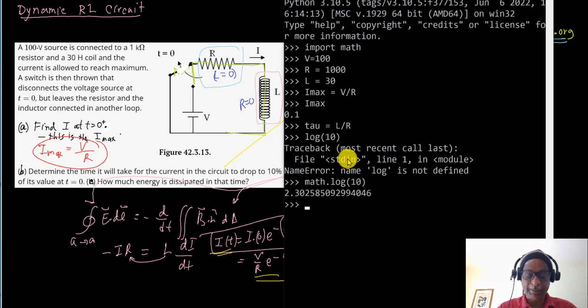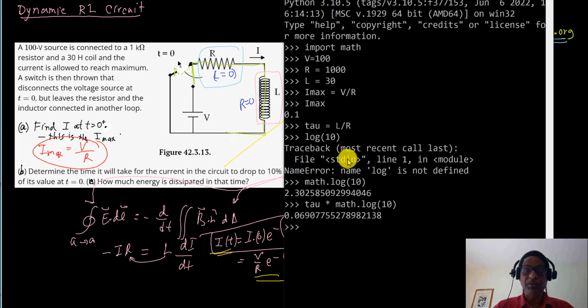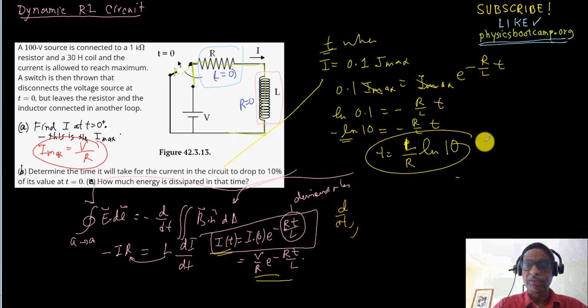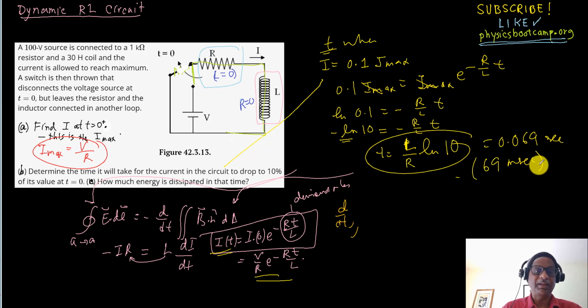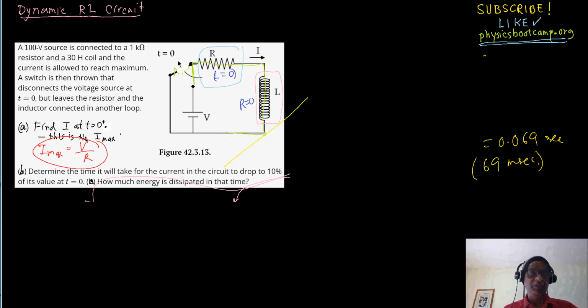Okay, so I need tau times math.log 10, and that's many seconds, 0.069 seconds. It takes a while. So 0.069 seconds or 69 milliseconds. Okay, so that's the B. Okay, so we got B.